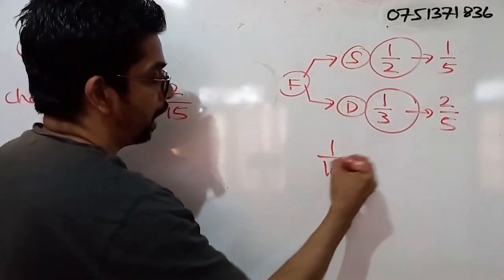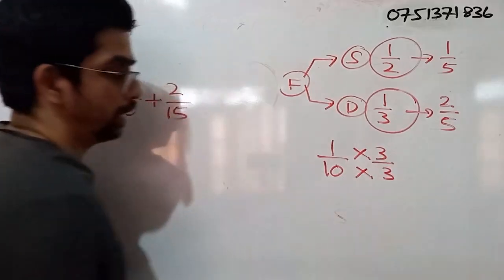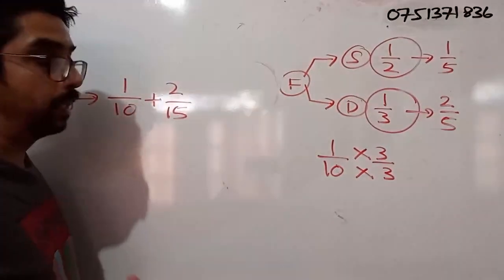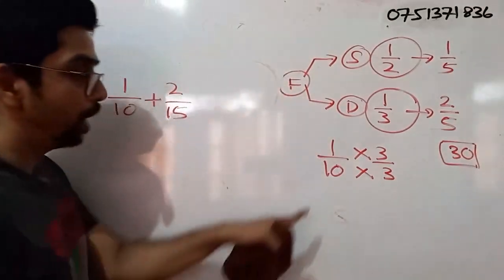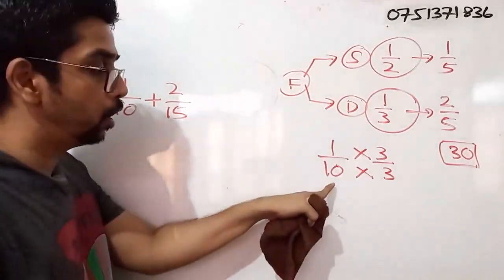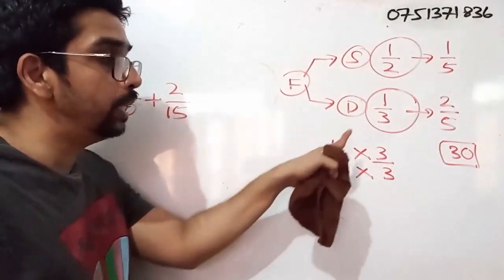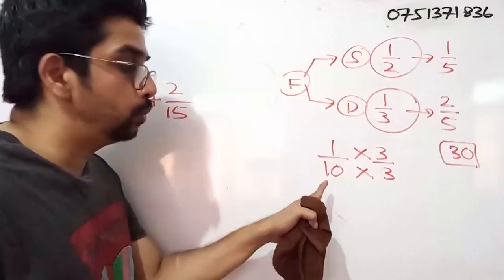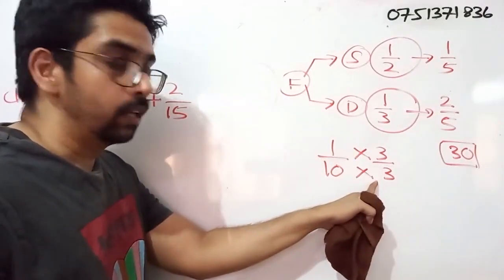So 1 by 10, I have to multiply the numerator and the denominator by 3. Why do I do that? The common denominator is 30, no? So we have to convert the denominator 10 into a 30. In order to do that, we multiply the denominator by 3.